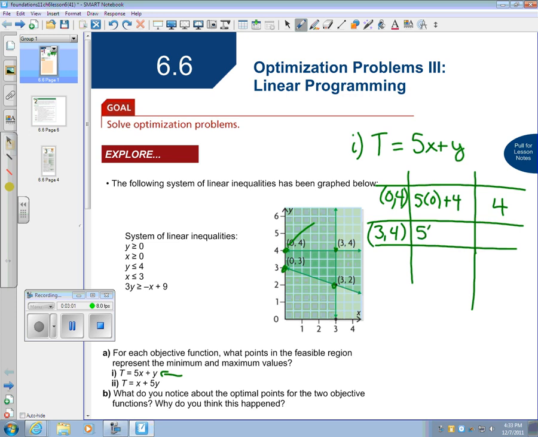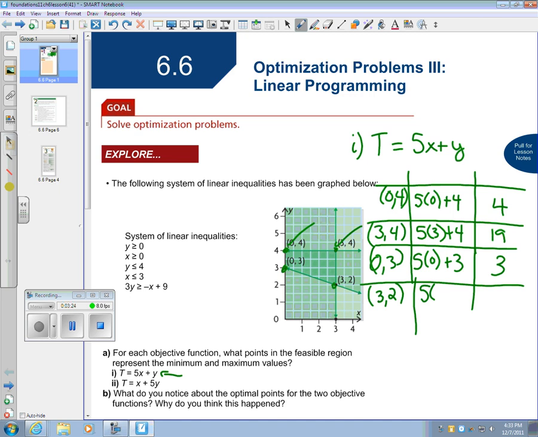We have 5 times 3 plus 4, that's 15 plus 4 is 19. Next point, 0, 3. We have 5 times 0 plus 3 is 3. And our last point is 3, 2. We have 5 times 3 plus 2, 15 plus 2 is 17.